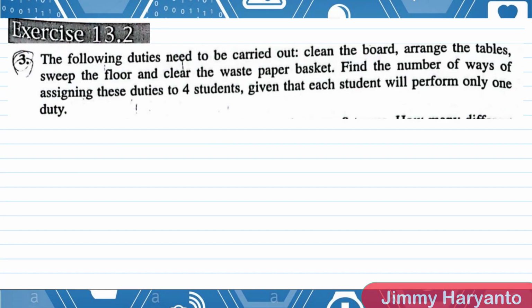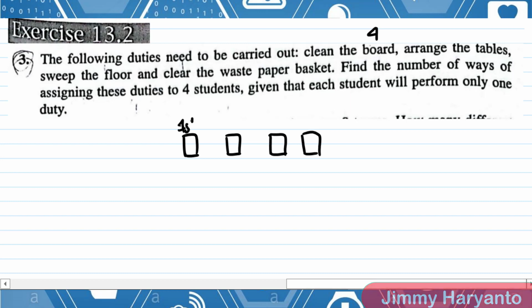Okay, next one is number 3. The following duties need to be carried out: clean the board, arrange the table, sweep the floor, and clear the waste paper basket. So we have 4 activities to do. Find the number of ways of assigning these duties to 4 students, given that each student will perform only one. So we have 4 boxes: this is for the first student, the second student, the third student, and the fourth student.